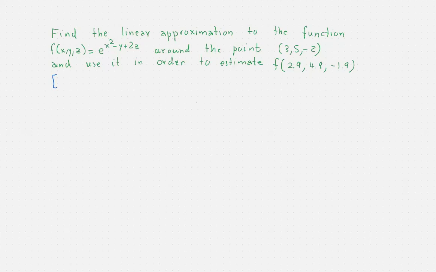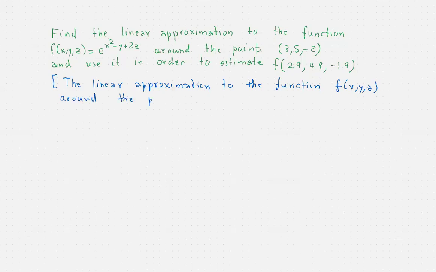So in general, we can give the formula of the linear approximation to the function f of x, y, z around the point (a, b, c). It is given by the following formula.